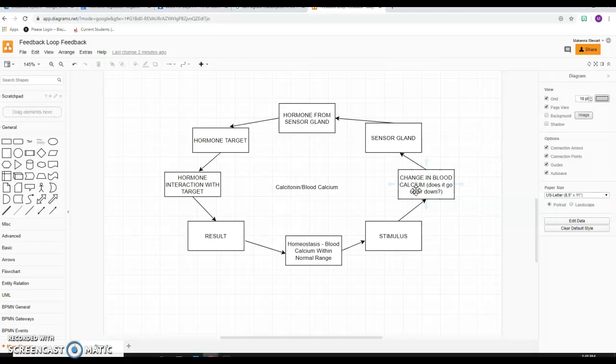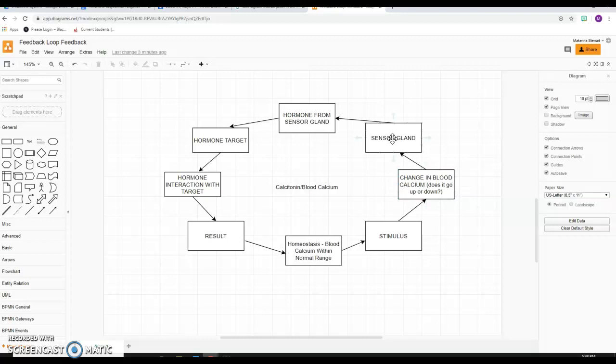So you have to figure out, for calcitonin to be secreted, does blood calcium have to increase or decrease? Which of the two will start this feedback mechanism? It's one or the other. There's only one right answer for this box.